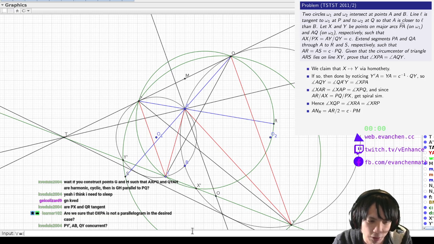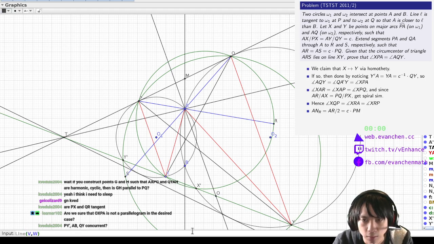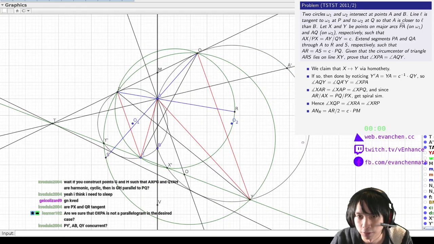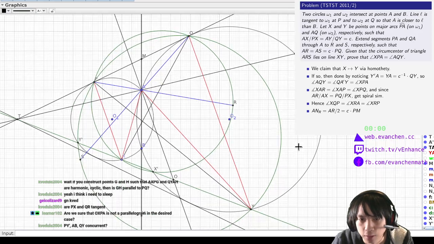I can also draw, for example, the intersection of line PX and QX'. Well, that's what it looks like. It's this giant line. We intersected some radical axis, fine.